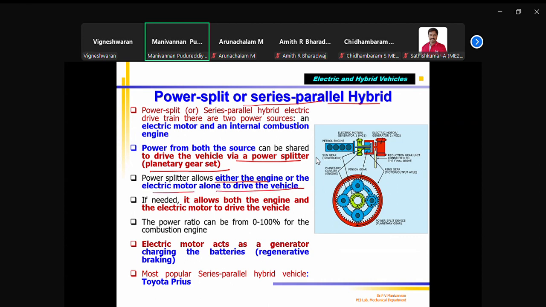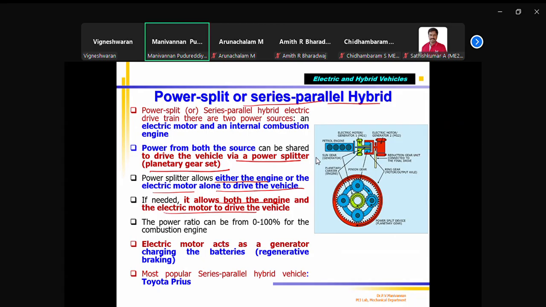You can disengage the engine and only the motor will drive, or disengage the motor and let the engine alone drive, or both together. That is the advantage of the planetary gear arrangement. And it allows both engine and electric motor to drive the vehicle in parallel combination, just as a pure electric vehicle.